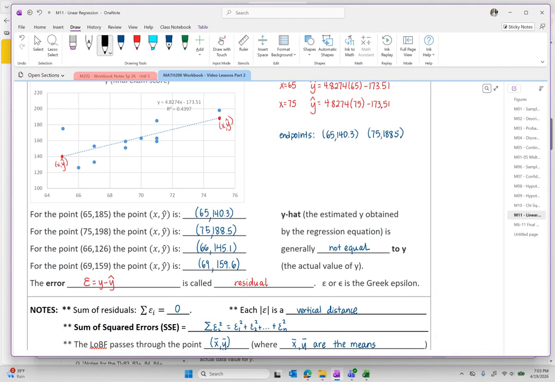And these distances are positive if the real y is larger than the y hat, so your points are above the line. And they will be negative if the points are below the line.